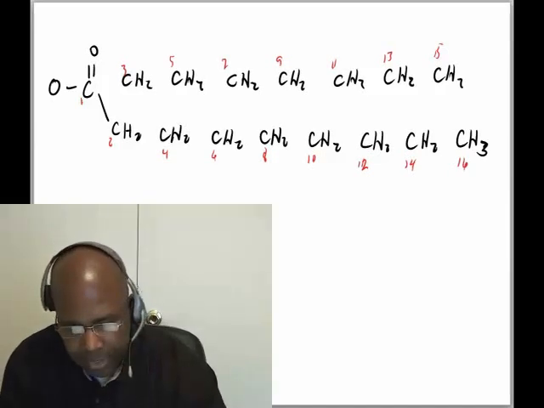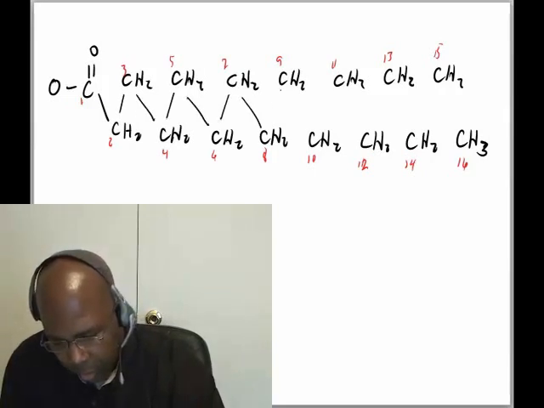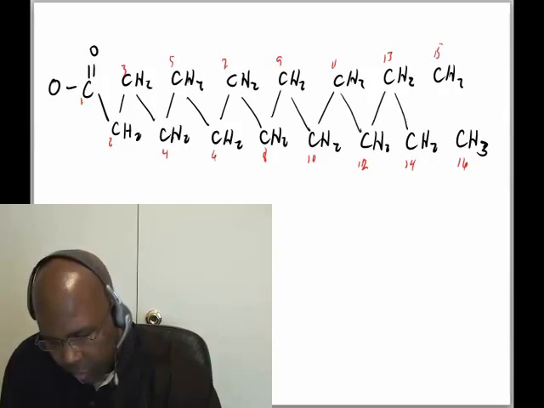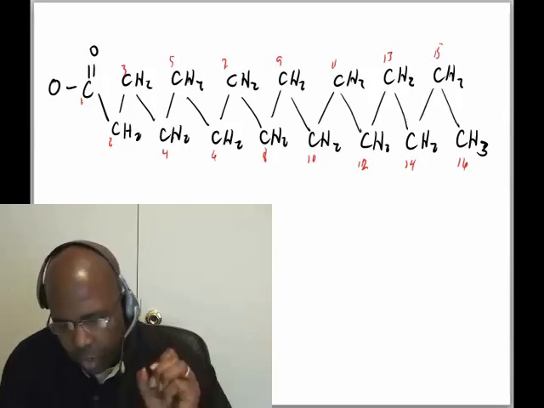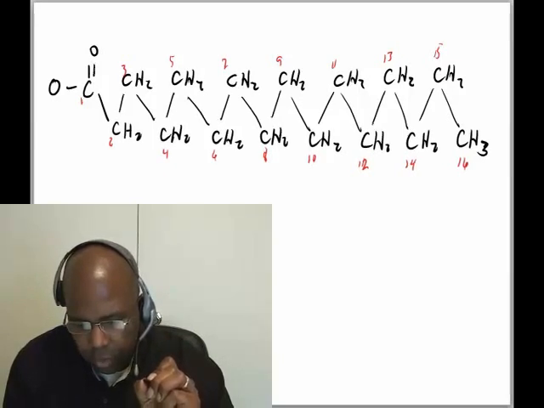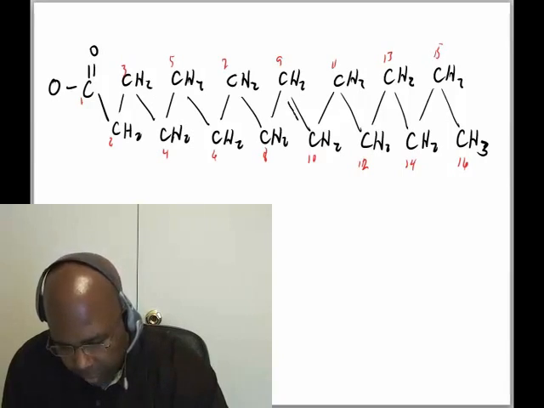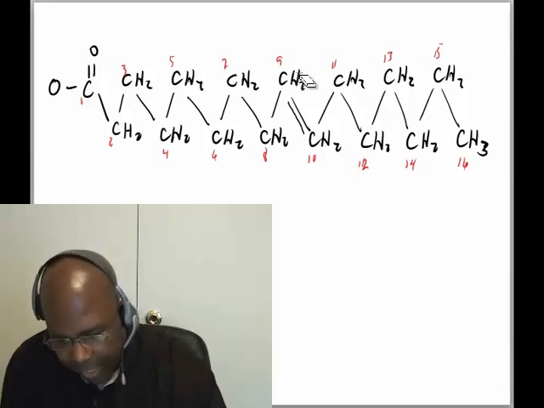Let's put our bonds here. Okay, we're going to do one thing different here. On this one, carbon number 9, we're going to have a double bond. So we can't have too many H's here.